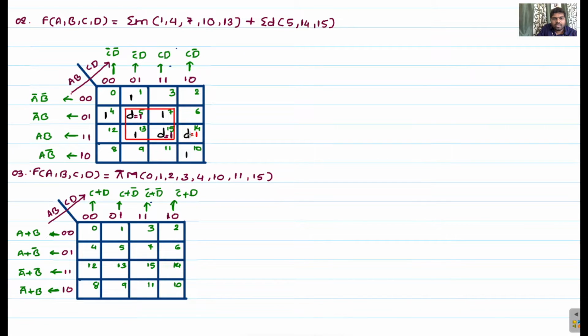Now I will make this a pair. Next, are there any other possibilities to get pairs? If you observe this, if I take this one square box individually, I will get 4 literals. If I make a pair with 5, I will eliminate one variable. So I will make one pair here, 1 comma 5.